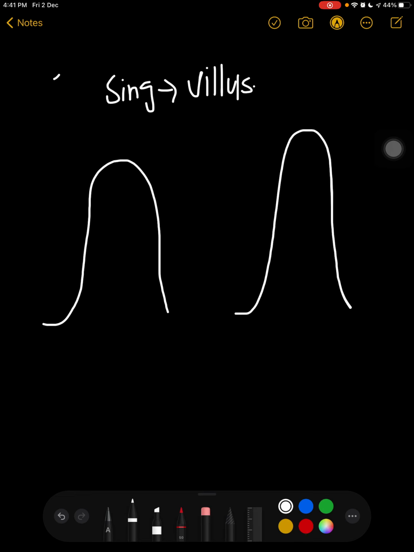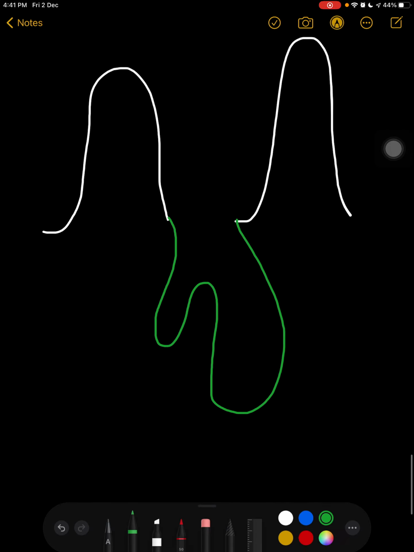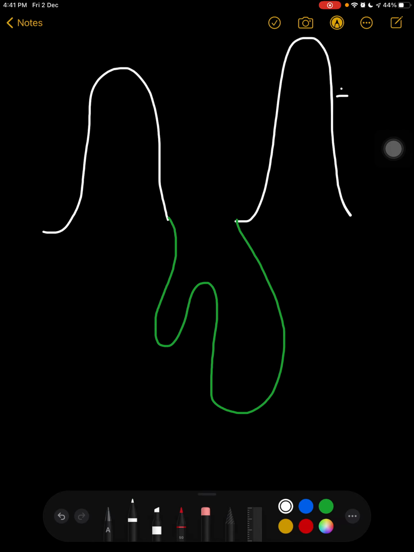In the middle between two villi there is a gland known as crypts of Lieberkühn. These are both villi. Actually, there is a gland between two villi.